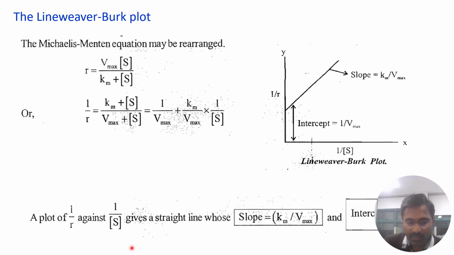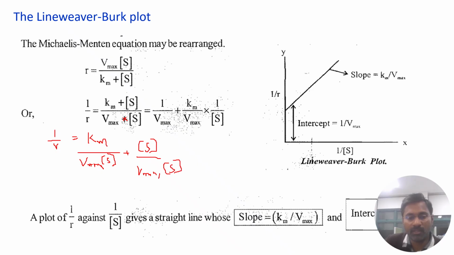For that, the reciprocal of the rate is taken, which will give you Km plus S by Vmax into S. Here there is a mistake in the slide, this is Vmax into S. This is not plus, Vmax multiplied by S. So that will give you 1 by R. Now you can split this as 1 by R is equal to Km divided by Vmax into S plus concentration of S by Vmax into S.